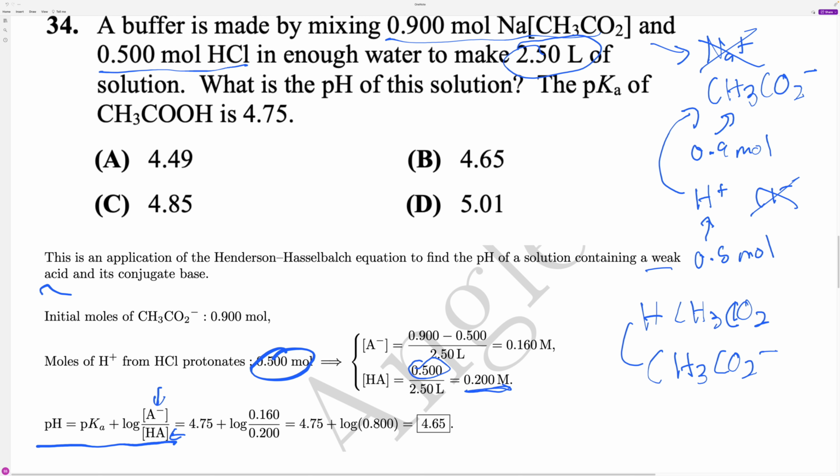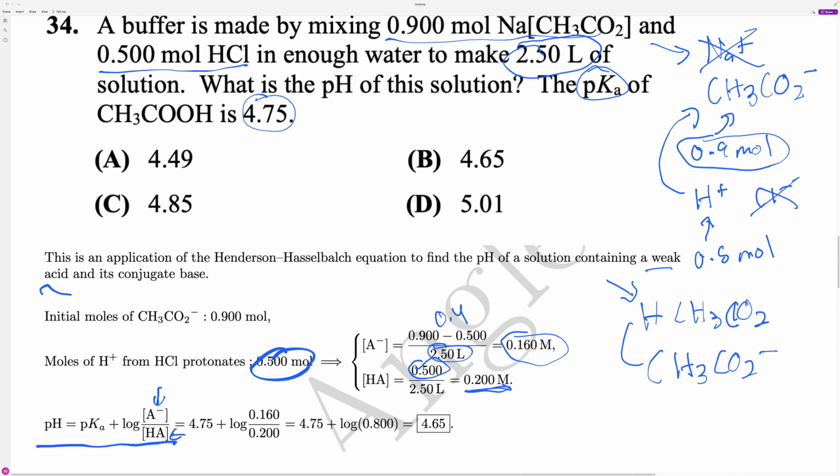And as for the unprotonated stuff, that's just going to be 0.9, our initial number of moles of CH3CO2 minus, minus the number of moles of protonated CH3CO2 minus, or HCH3CO2. So this is going to come out to 0.4 moles of that. We divide by the same liters value, and we get this for the molarity of A minus. Now, from here, we're given that the pKa of CH3COOH is 4.75.